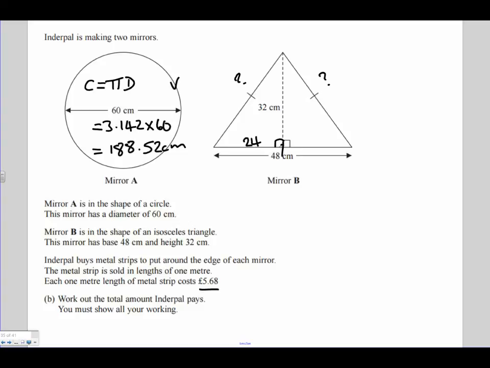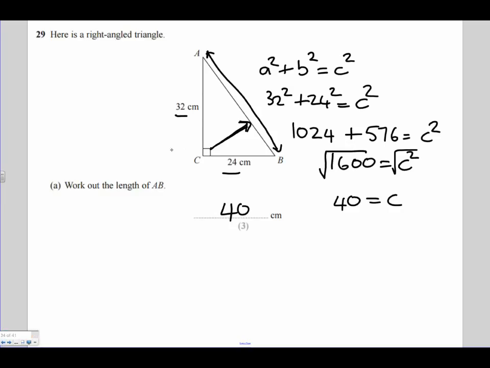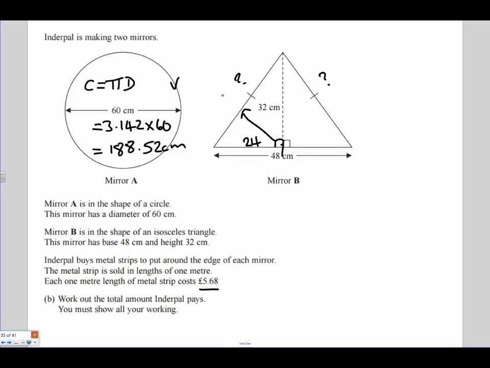Now, from the previous question, we had a right-angled triangle with a height of 32 and a base of 24. So we know that the hypotenuse is 40. We don't have to work it out again. So the missing side is 40. And this side is the same length as this side, so that's 40.